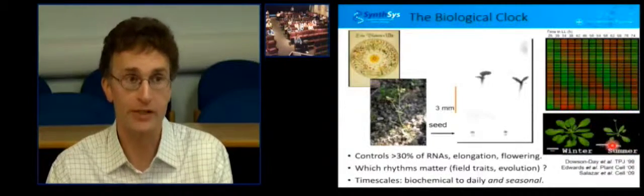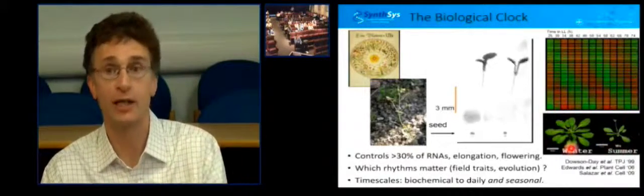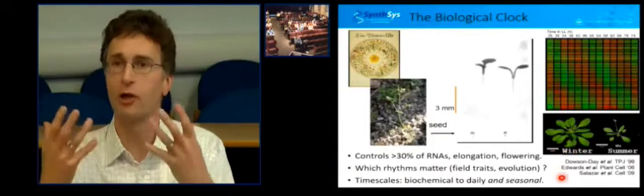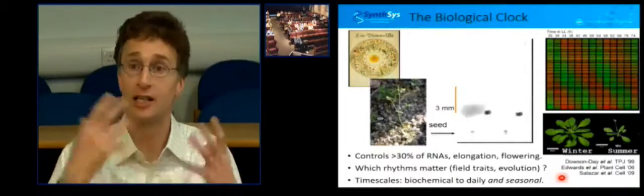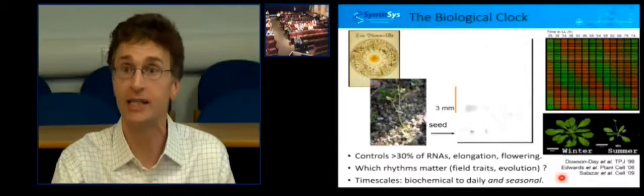So plants growing in long days in summer flower quickly, and plants growing in short winter days flower slowly, in part because of rhythmic gene expression. So the clock is a useful multi-scale regulator. It controls processes from the intracellular to the whole plant at timescales from the biochemical through the daily to the seasonal.